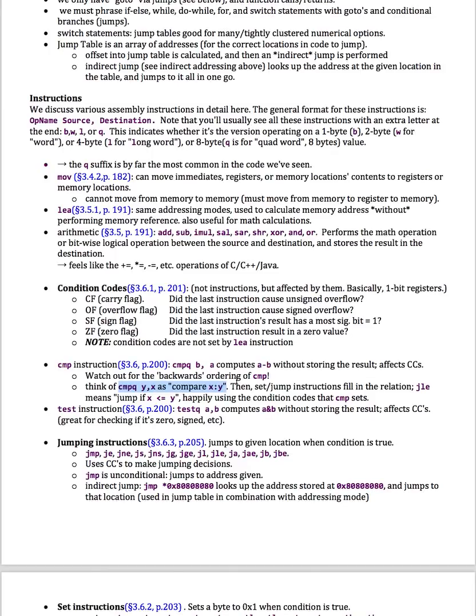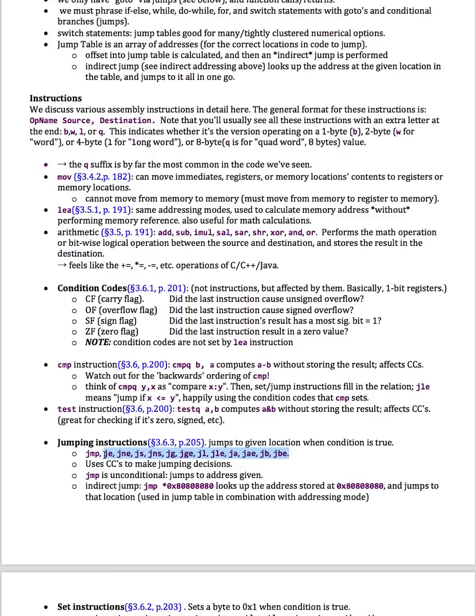Following that, given the condition codes that are set through either compare, test, or other operations, we do jumping. We either do an unconditional jump through JMP, or we do conditional jumps using these jump variants, which make jumps based on condition codes.